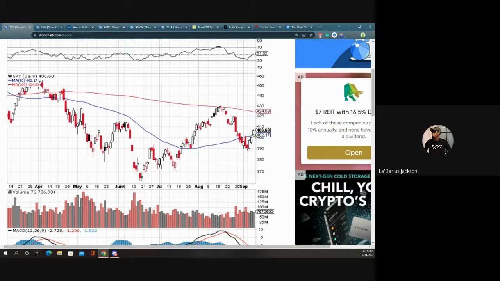So let's say the candle opened at around 402.17, and then it went up to 406.60. That's how you read an up candle. When you see these long candles, that means it touched 390 and then went up and closed up here.